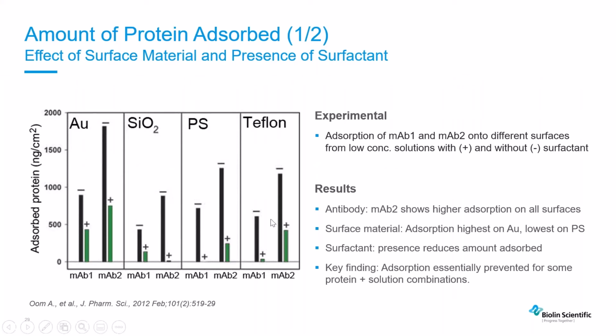So this is the first set of results that we can see. Here we have the final adsorbed protein mass on the surface. You introduce the protein solution in this QSense machine with the sensor with the specific coating, and then we can see how much actually adsorbs on each material: gold, silicon dioxide, polystyrene, and Teflon, with and without the surfactant.